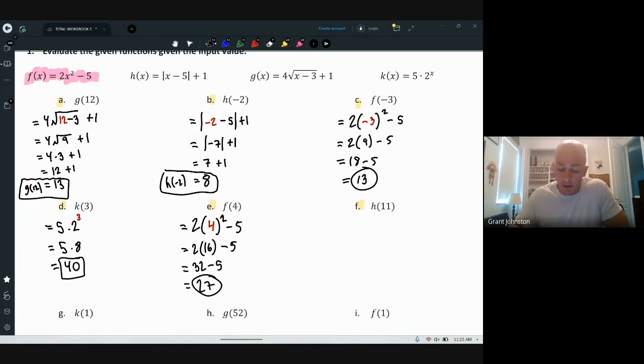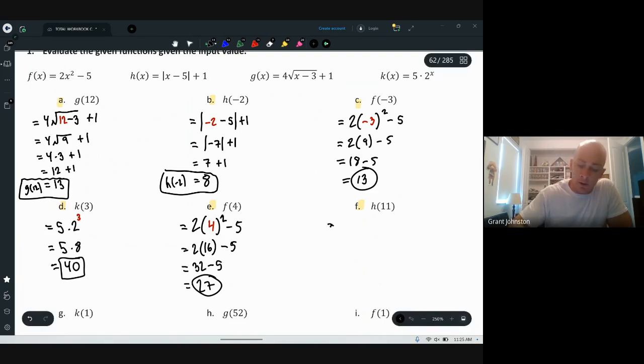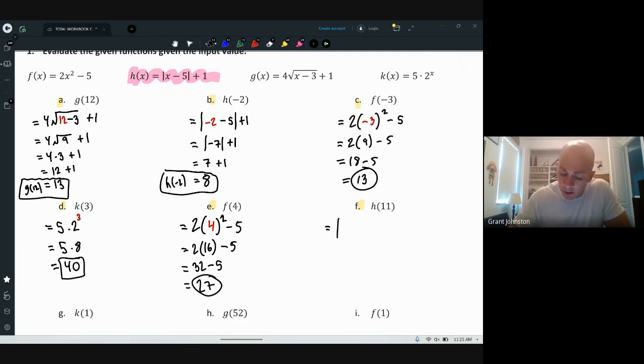Let's do h of 11 now. I'm using the h function. Okay, absolute value bars, 11 for x.